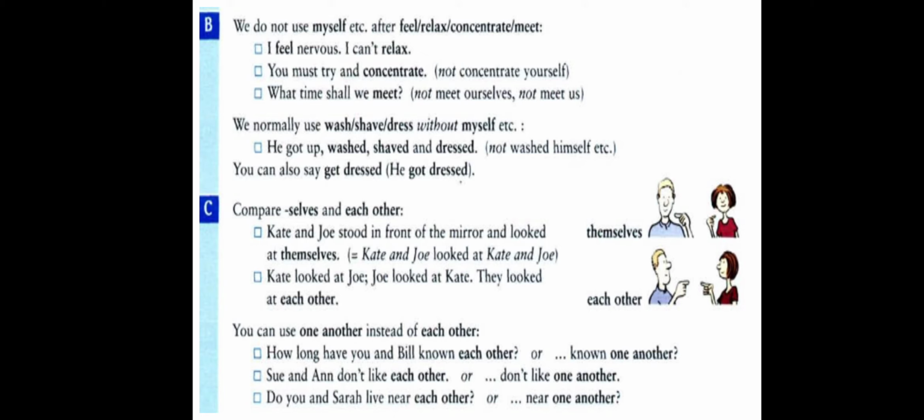Sue and Anne don't like each other. Sue doesn't like Anne and Anne doesn't like Sue. So we say Sue and Anne don't like each other, or don't like one another. Do you and Sarah live near each other or near one another?